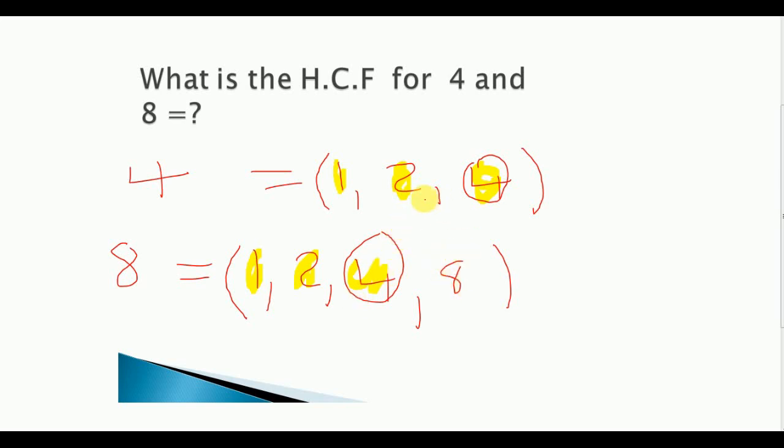We don't have an 8 in the first bracket, therefore 8 is not common. 4 is the highest common factor for 4 and 8. This is how we find the highest common factor for numbers.